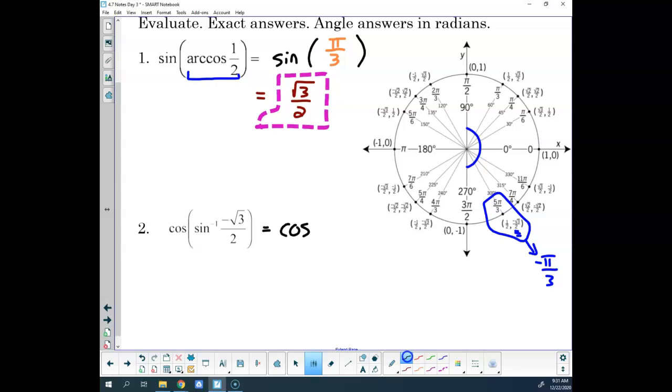So this becomes the cosine of -π/3. I'm looking for the x value at -π/3, and that would be 1/2.